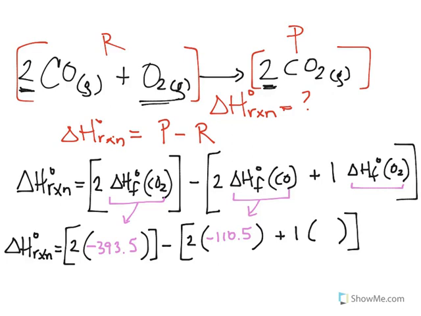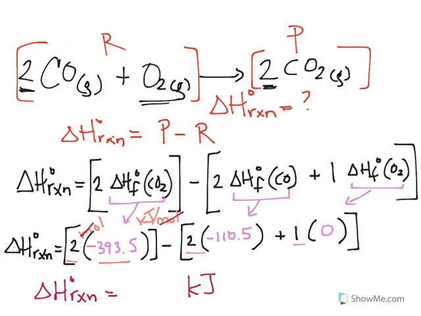And we weren't given O2 on the table because it's assumed, or by definition, it's equal to 0 kilojoules per mole. Now, because our units for the numbers in front are moles, and the unit for delta H is kilojoules per mole, moles is going to be reduced, and ultimately our final answer is going to be in just kilojoules, not kilojoules per mole or anything.